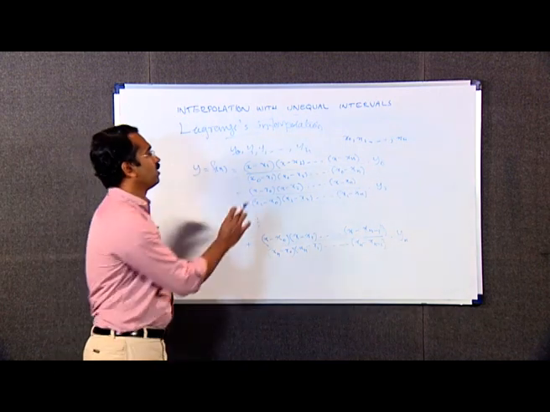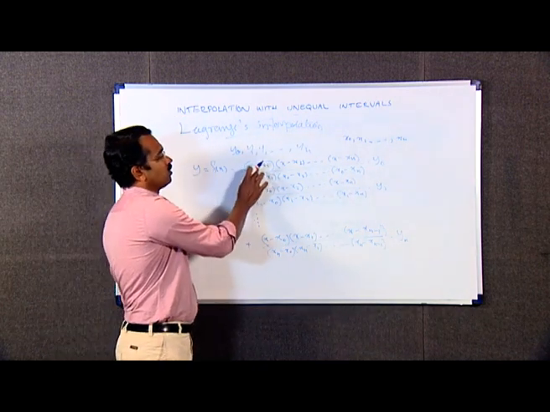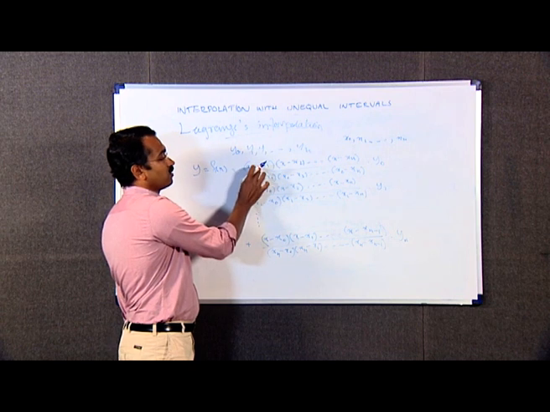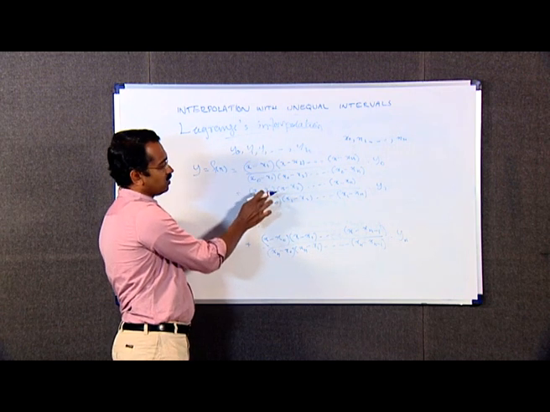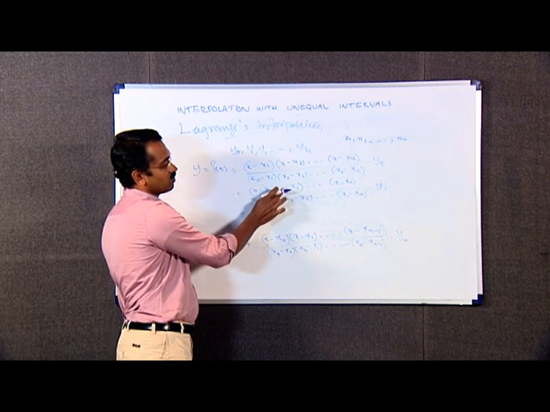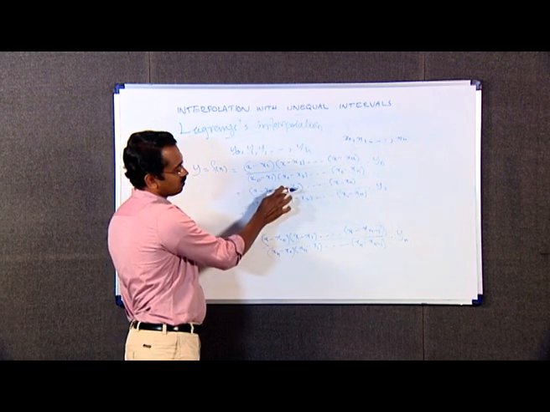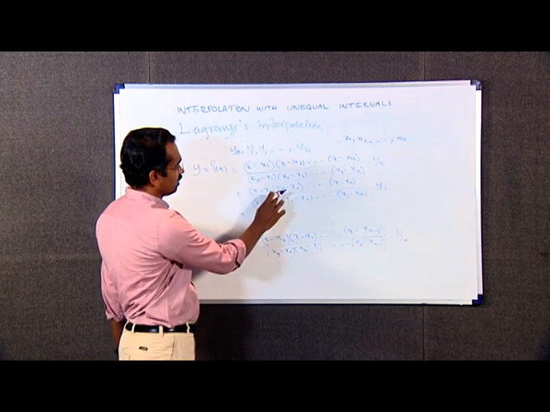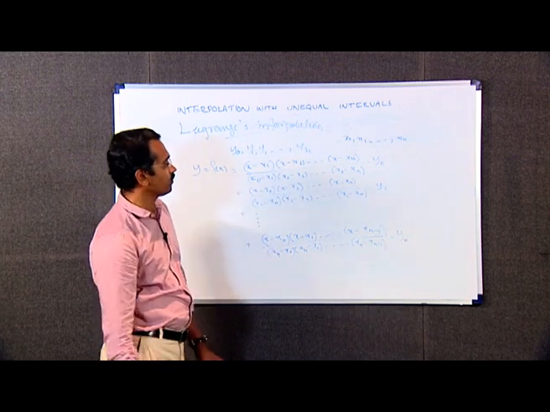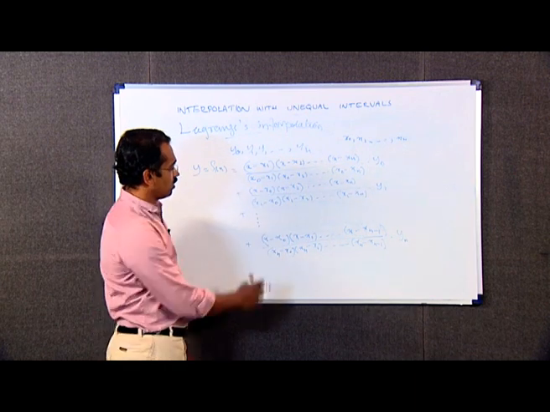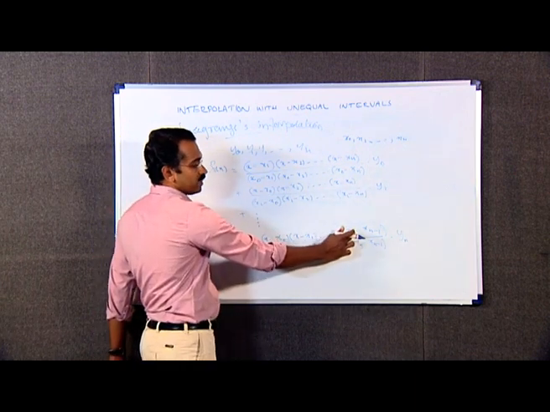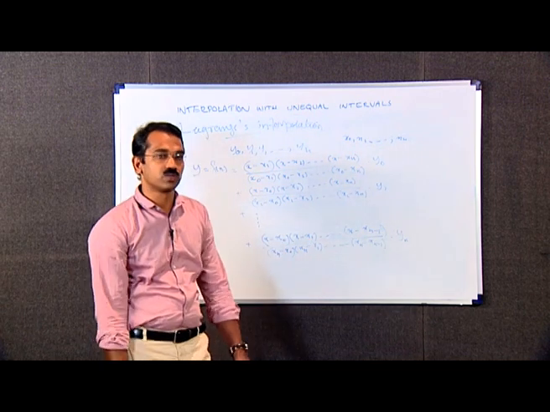Here note that the first term does not contain (x minus x naught). In the second term, (x minus x1) is not contained, and in the general term, (x minus xn) is not contained.